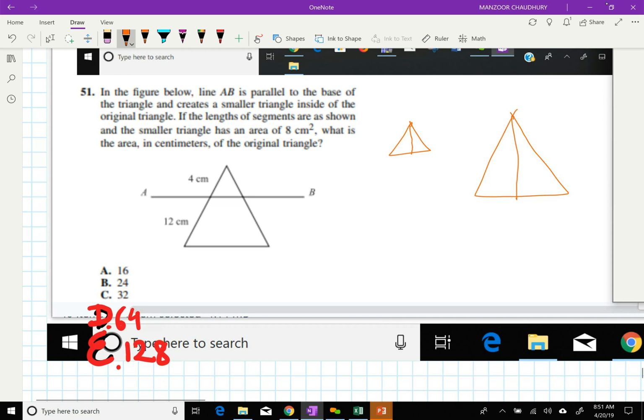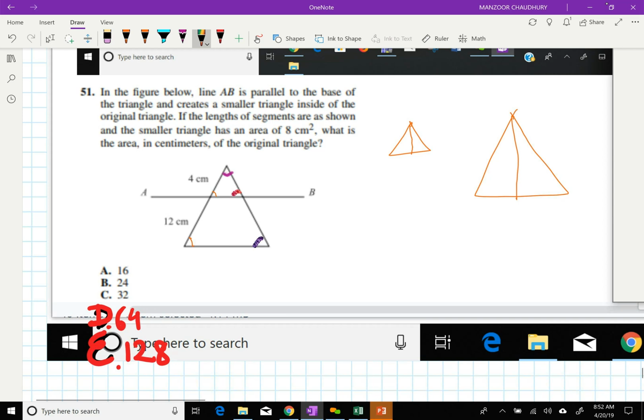So look at this one. Did you notice that they're similar triangles? If you know that they're similar triangles, automatically you know that the sides will have the same ratio.